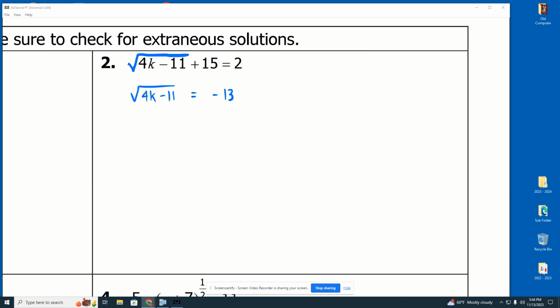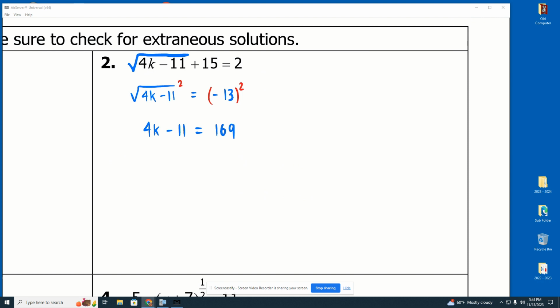So we raise both sides to the power of the root. And in this case, this is the square root. So I need to raise both of these sides to the second power. On the left side, of course, this is going to cancel, and it's going to leave me with 4k minus 11. But on the right side, negative 13 times negative 13 is positive 169.